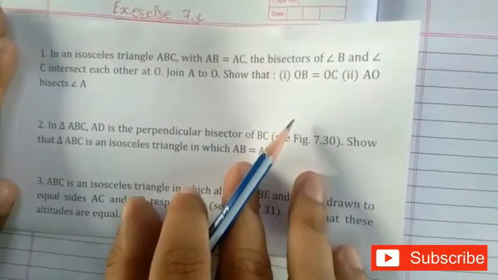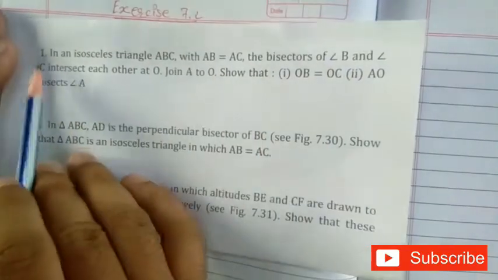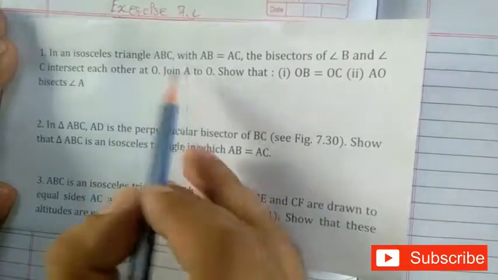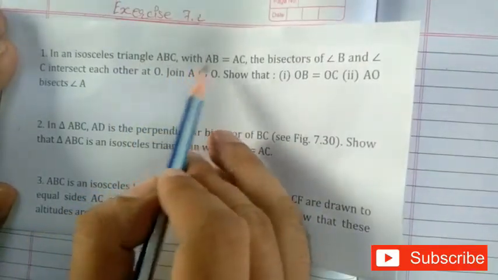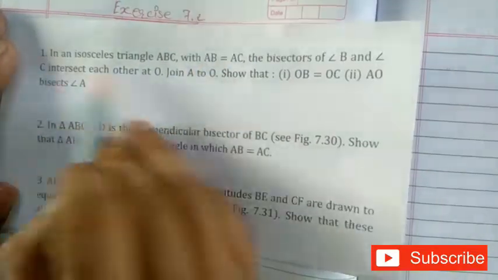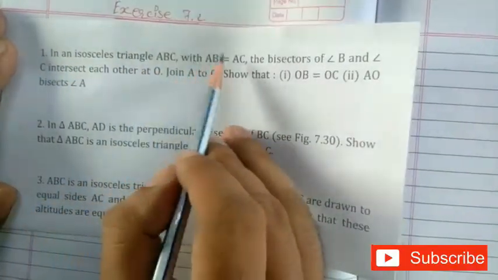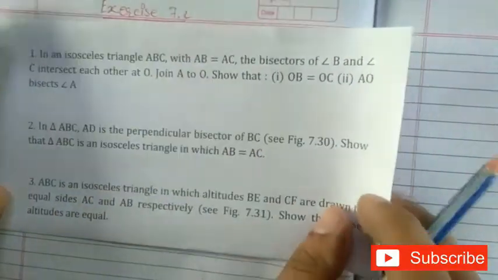Let us start exercise 7.2, question number 1. In an isosceles triangle ABC with AB equal to AC. In this question we have an isosceles triangle ABC where AB and AC both are equal.